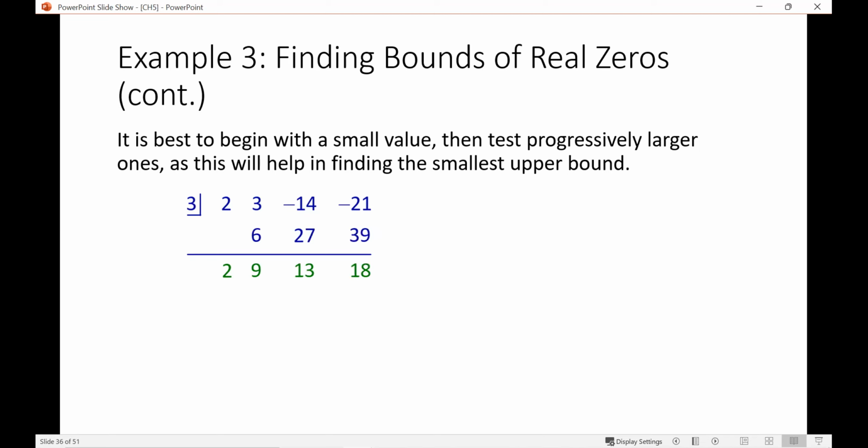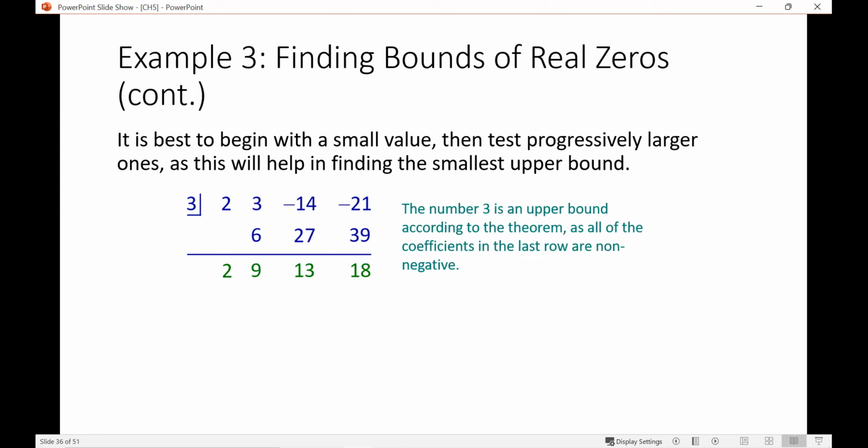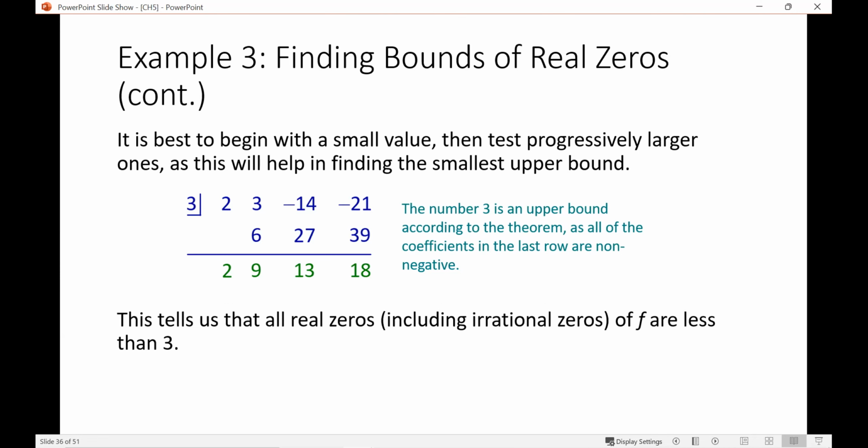And you see we get all positive numbers in that final row. So according to the theorem, 3 is an upper bound because all the coefficients in the last row are non-negative. So this tells us that all the real zeros, including the irrational zeros, are less than 3.